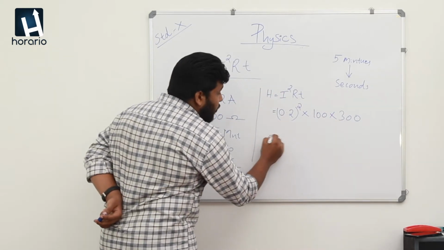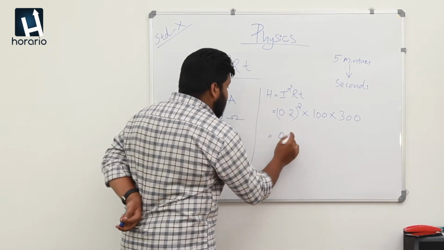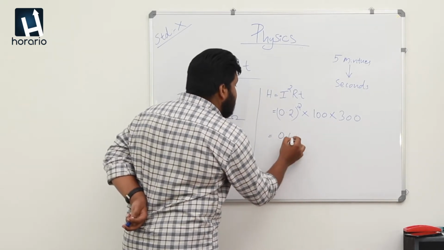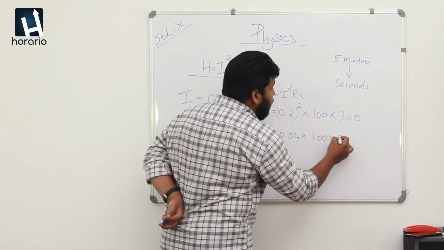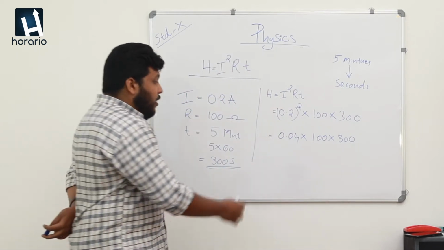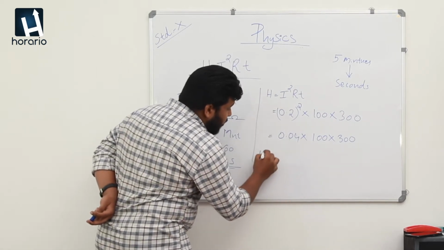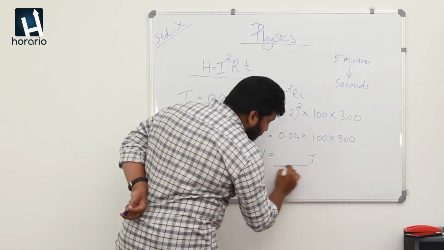So the answer will be 0.04 into 100 into 300. Find out how much heat energy will be produced here in joules.